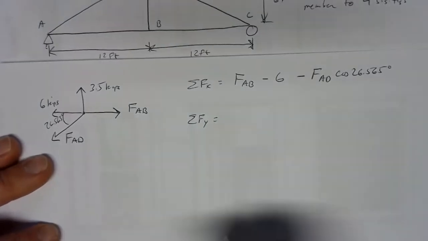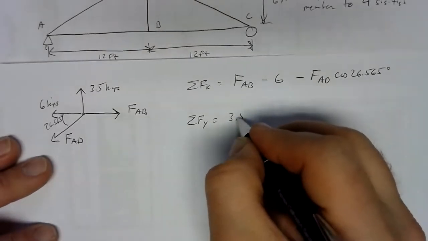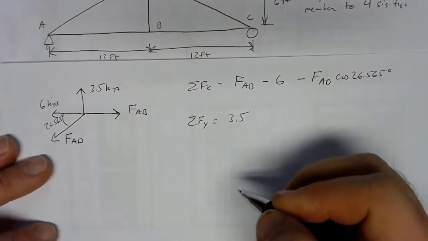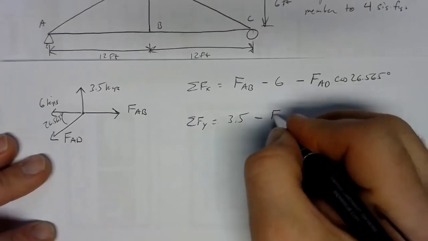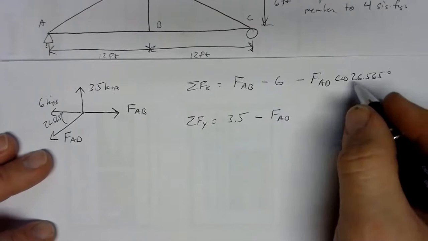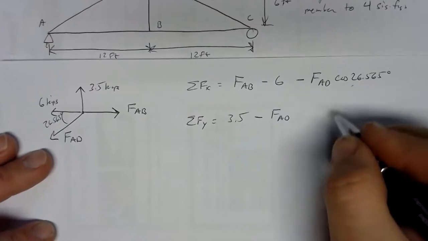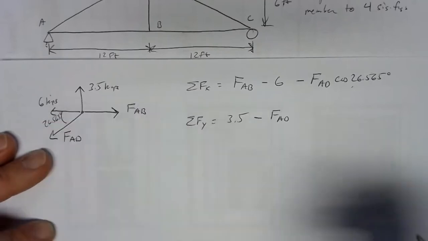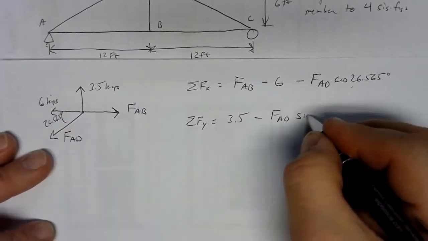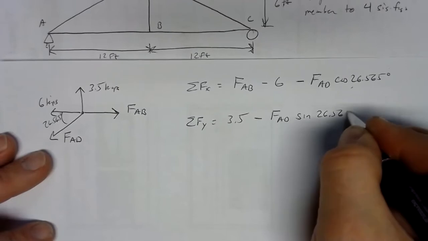Then we've got our sum of forces in the y direction. We've got 3.5 kips up, and we've got a piece of FAD down. It's down, so it's negative FAD. And then we need the other piece, the vertical piece, the opposite piece, the sine piece. So sine of 26.565 degrees.